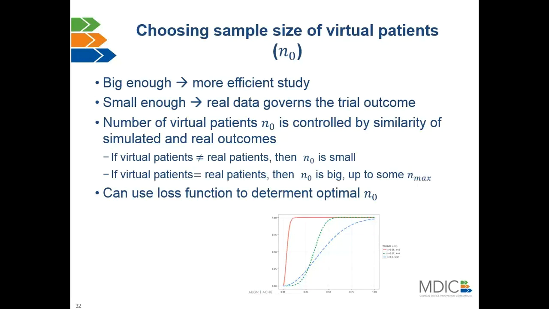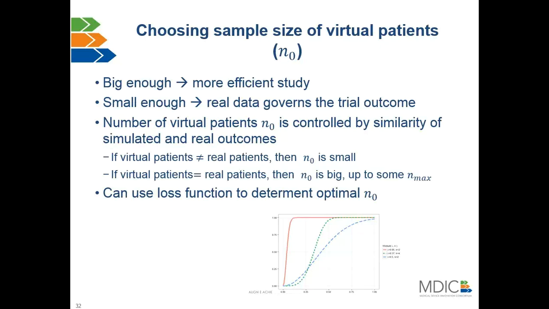So what we wanted to do is have the number of virtual patients be a function of how well the real patients and the virtual patients related to one another in terms of how much agreement there was. We wanted the virtual patients to be big enough that they actually increase the efficiency of the study, because that's an important element.